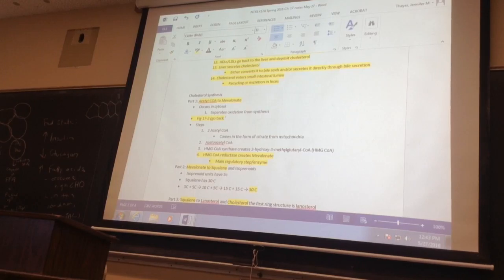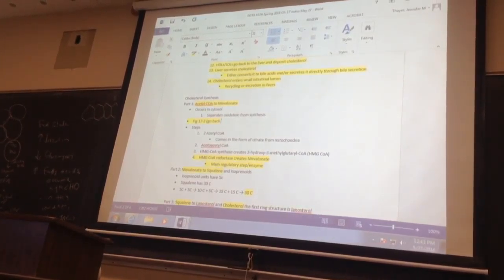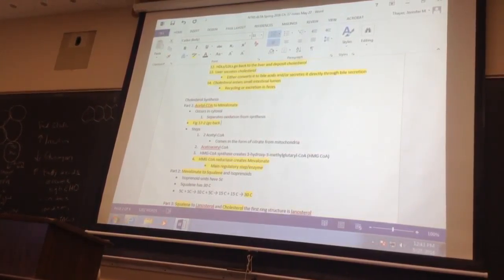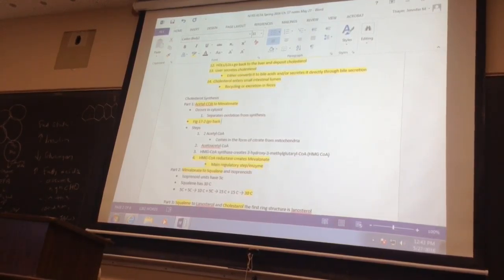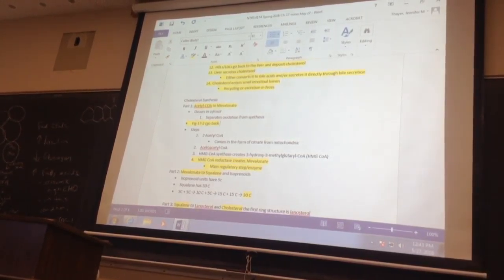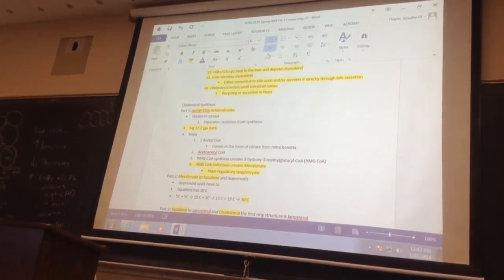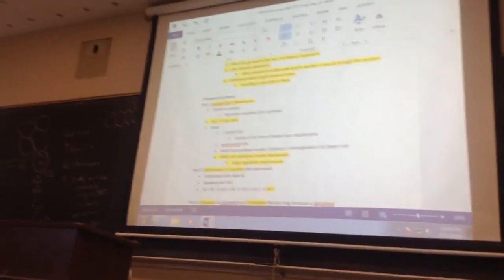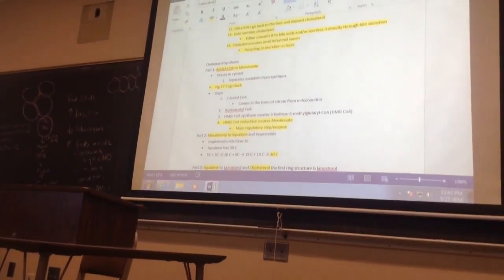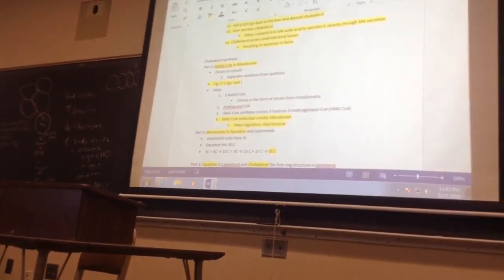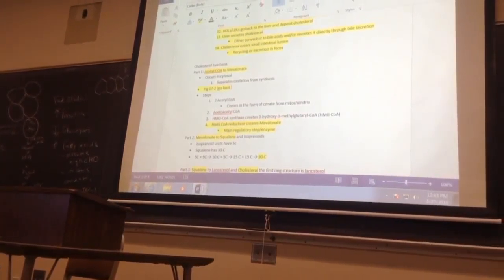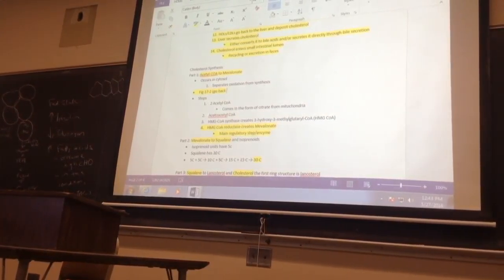So if you're making ketone bodies, are you in the fed or fasting condition? Fasting. Yep, and if you're making cholesterol, you're in the fed. So what's upregulated? The enzyme that goes this, HMG-CoA reductase. Okay, if you're in the fed state, you're upregulating cholesterol production, which means that this enzyme is going up. If you're in the fasting state, you're upregulating HMG-CoA lyase.